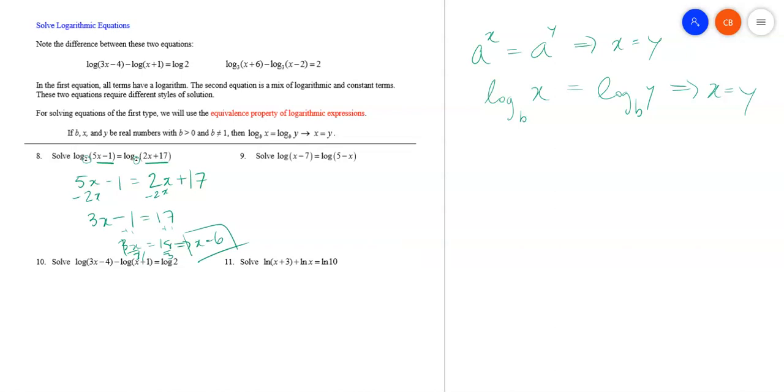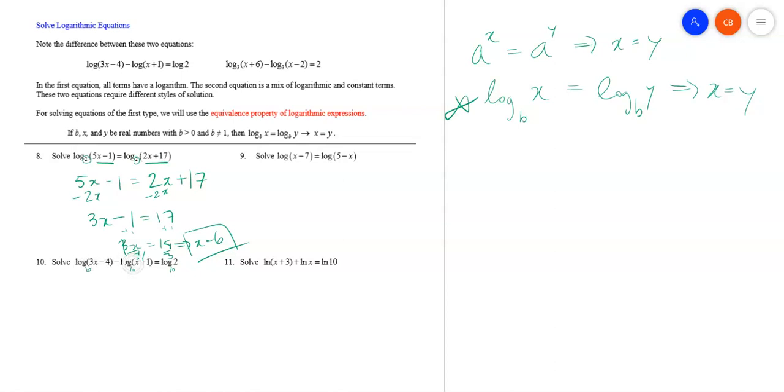What about if we have a kind of problem like number 10? You notice here we don't just have two logs that are equal to each other. We have this difference of logs is equal to this log over here. We at least have the case where the bases are the same, because this raw log over here means log base 10. So all the bases are the same. But we really need this situation where we just have one log equal to another.